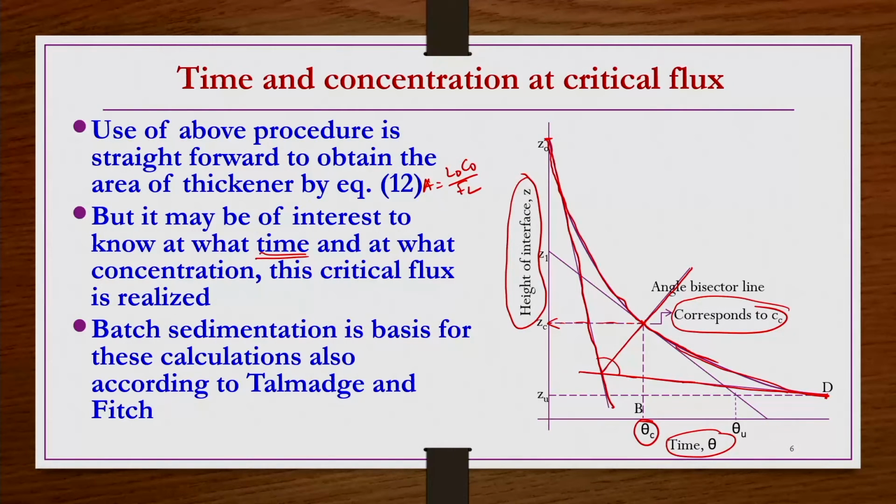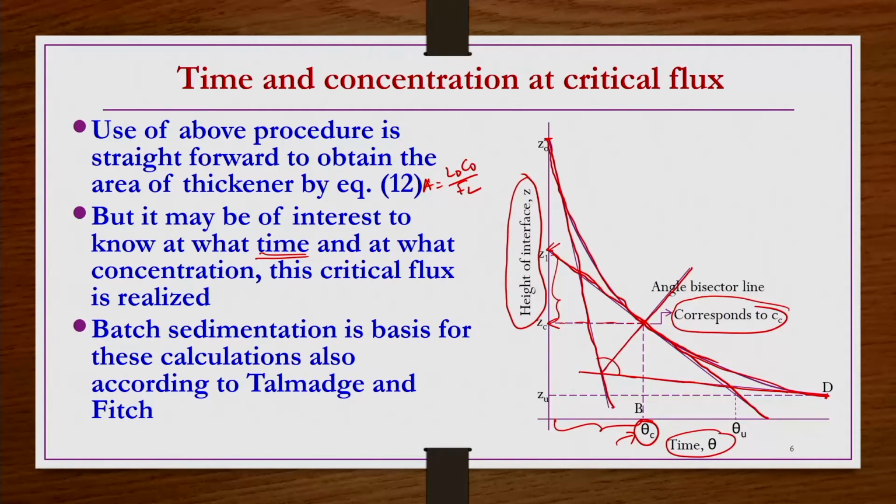So, we have the critical time right now. We can get the critical concentration also. How to get the critical concentration? At this point, theta equals theta c, if you draw a tangent, it will intersect the y axis at Z equals Z1. If you want to know the settling velocity of the particles at theta equals theta c, that should be Z1 minus Zc divided by theta c.